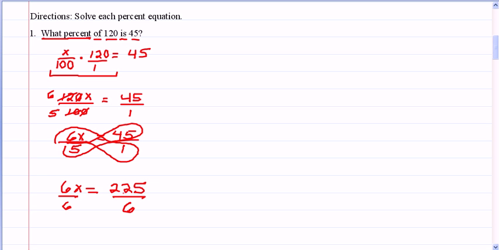Normally when you're solving a percent equation, you have a choice of writing your answer as a decimal or as a fraction. But since this particular problem asks for what percent, I will write this as a decimal.